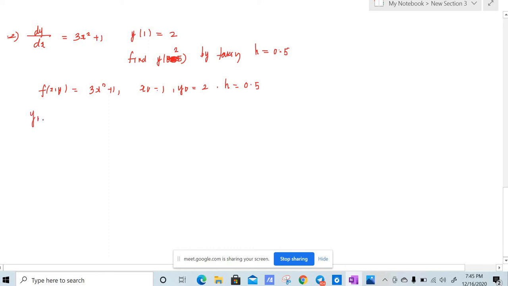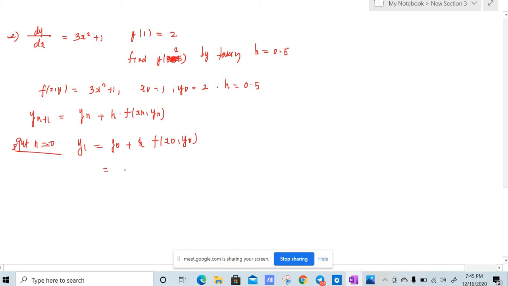So what is our formula? y_{n+1} is equal to y_n plus h into f of x_n comma y_n. Put n is equal to 0. So this will be y1 is equal to y naught plus h into f of x naught comma y naught.